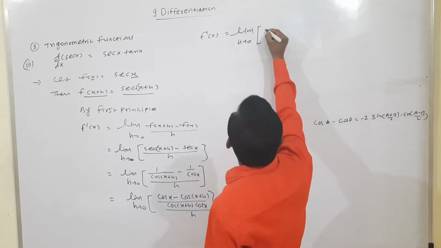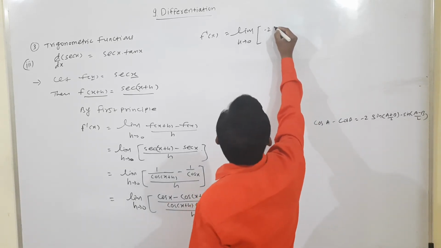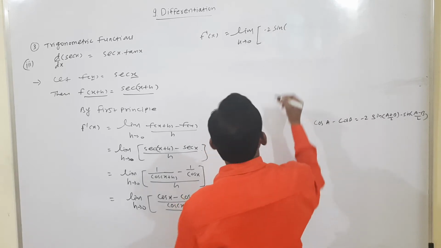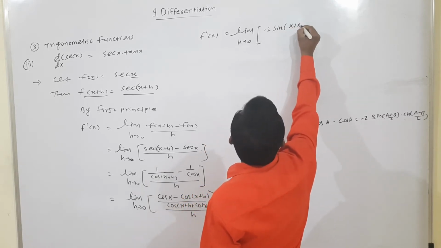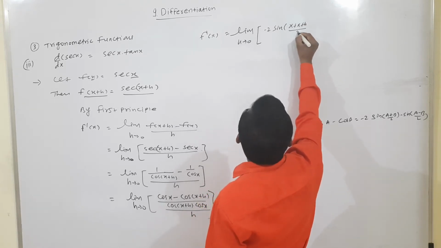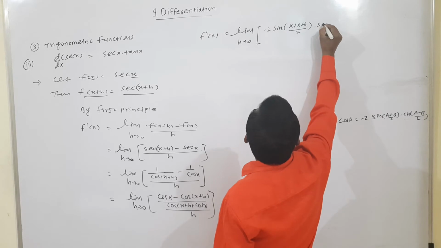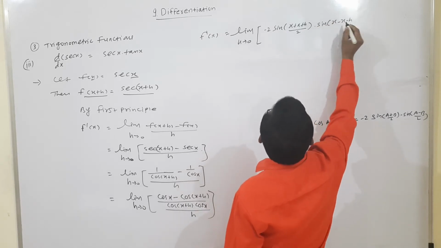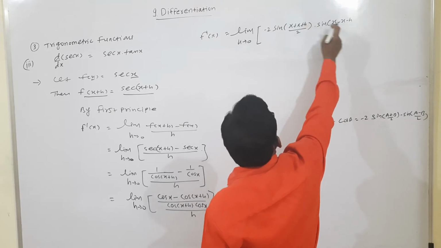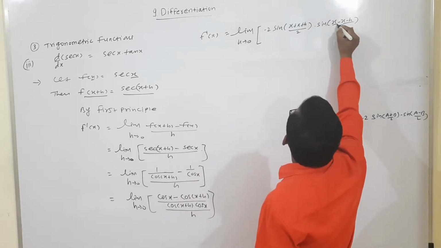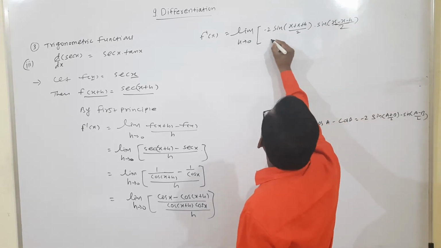Here A is x, B is x plus h, so it is minus 2 sine of (A plus B) by 2 into sine of (A minus B) by 2, whole divided by h.